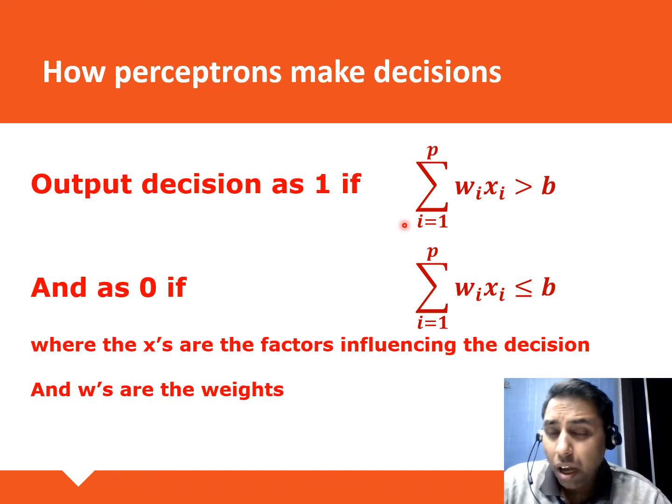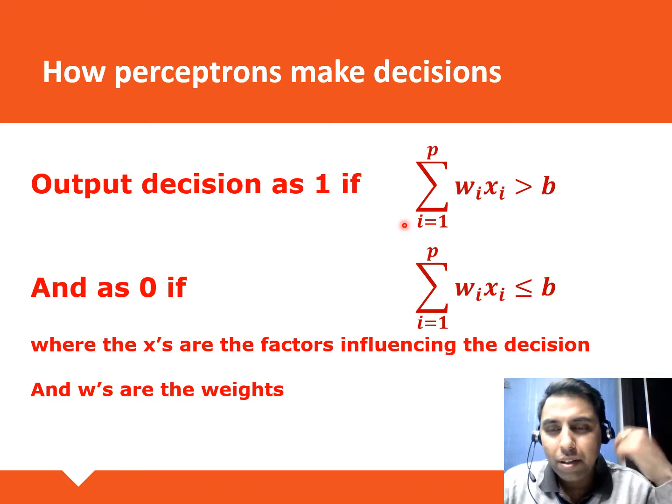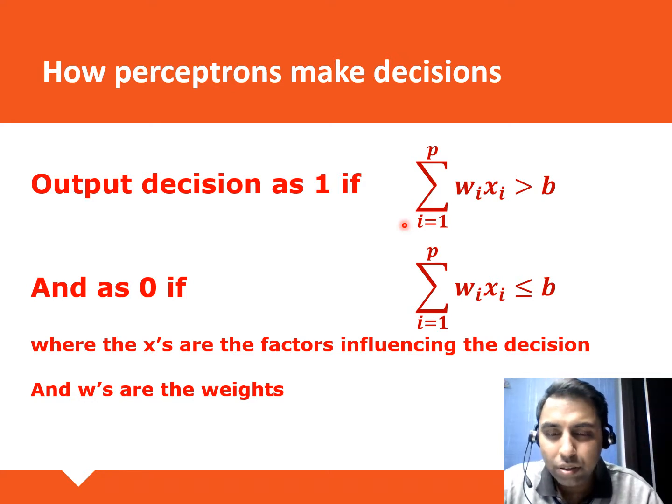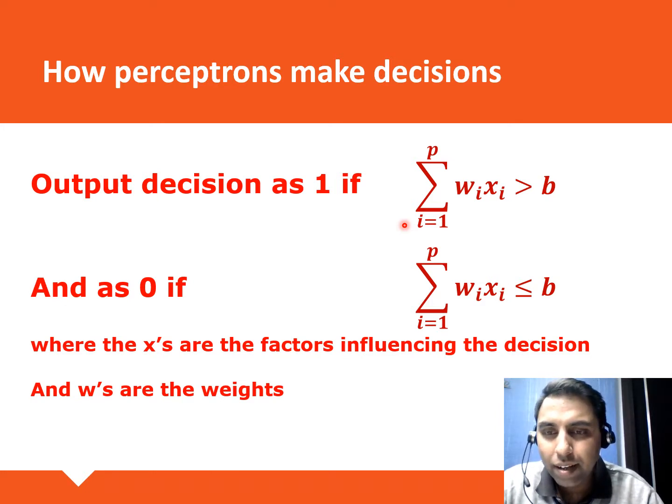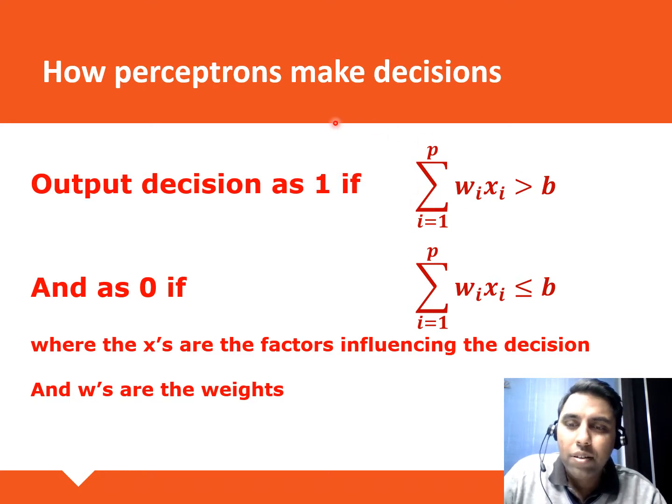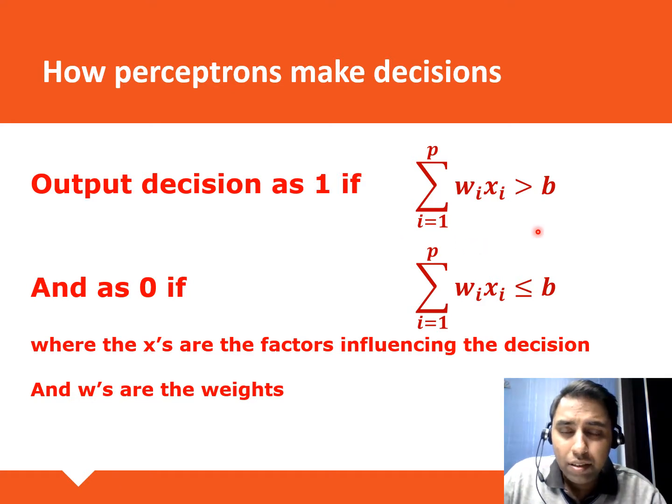As I was mentioning in the beginning, this concept of perceptrons actually dates back to the 50s, and it was proposed by a gentleman called Rosenblatt. He went on to provide a couple of proofs, and he published them as papers, that this mathematical form of perceptrons is very useful in this kind of decision making, and he proved that with a proper choice of w and b, perceptrons can make very good decisions.